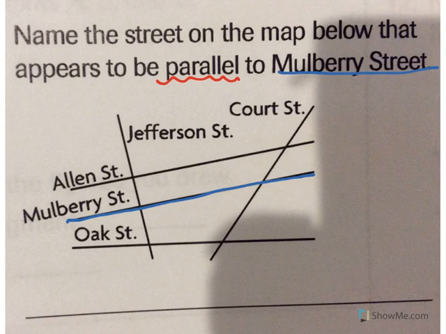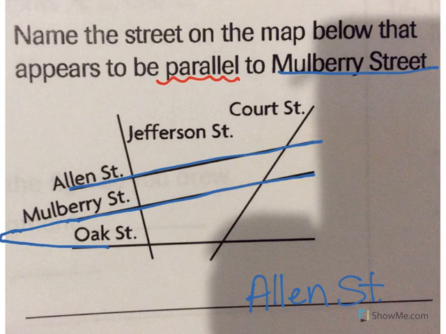The only line that never intersects would be Allen Street. Oak Street would eventually intersect with Mulberry. Jefferson Street is actually perpendicular to Mulberry, and Court Street is just an intersecting line.